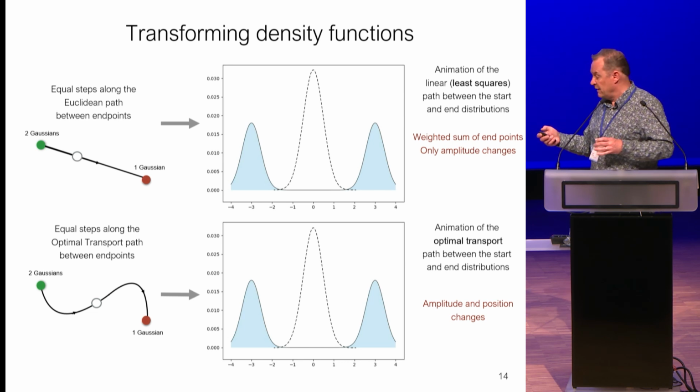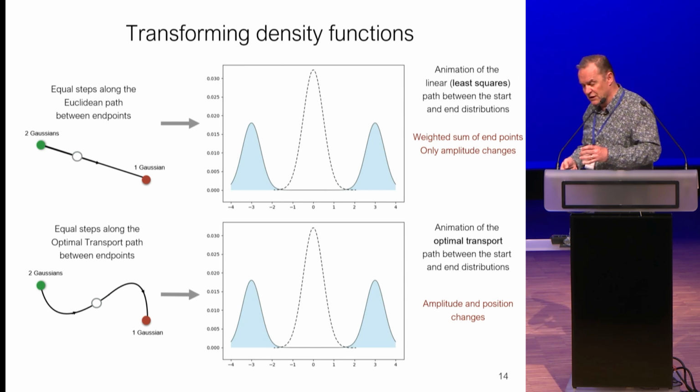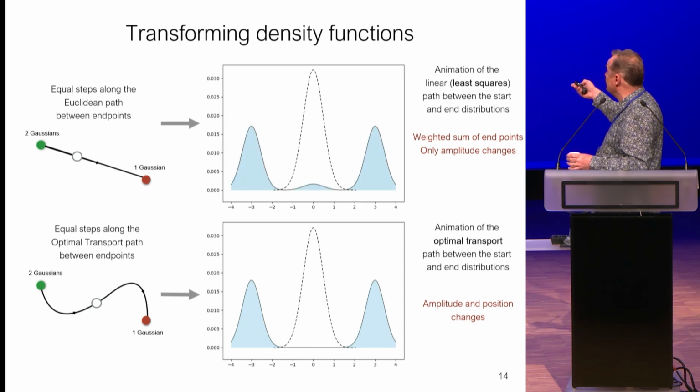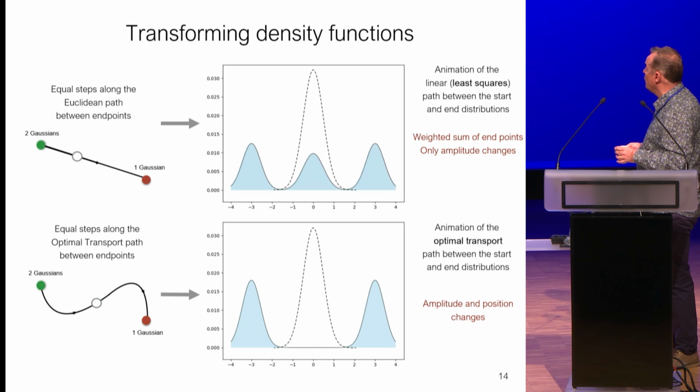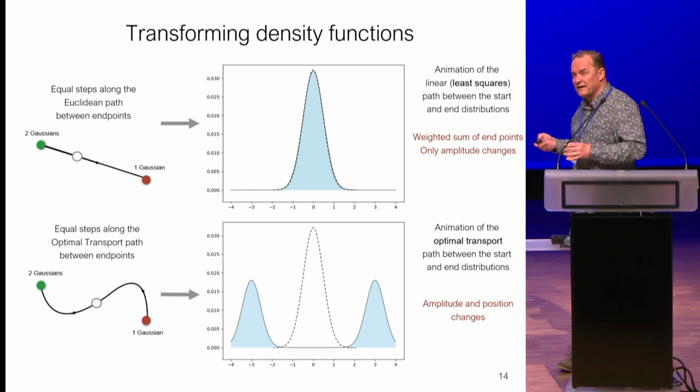The Euclidean path between the two Gaussians and the one Gaussian, green to red here, is that the two paths will simply change their amplitude. That is the nature of a Gaussian Euclidean norm. So that's the path taken as we go from one end member to the other, using essentially least squares, the difference in the squares of the amplitudes.